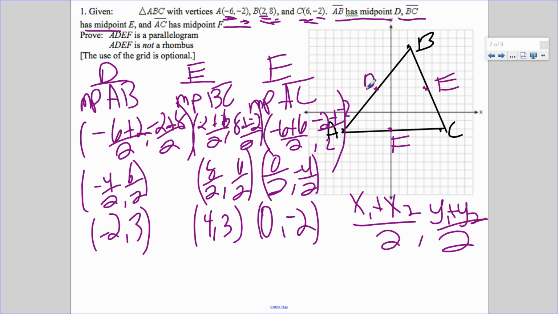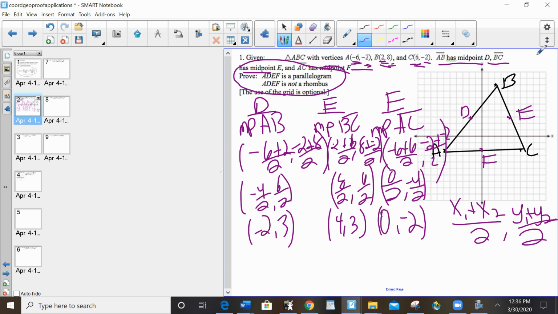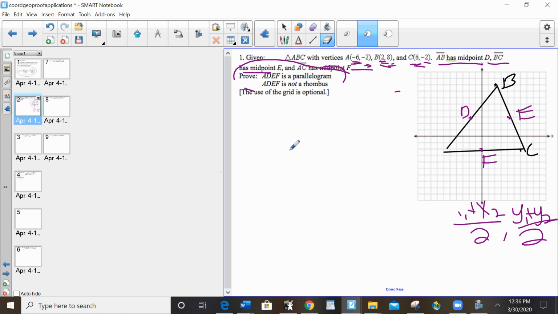Now it wants you to prove that ADEF is a parallelogram, but not a rhombus. So this is what we did prior. So I'm just going to erase some stuff here to create some more room. Erase all this ugly midpoint stuff. Erase a lot of stuff.